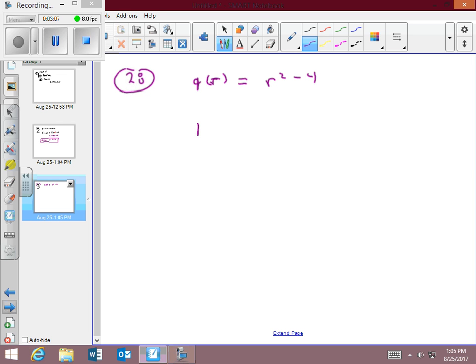So they want to know q of 4. So wherever the r appears, you square it and you put 4 in place of that. And 4 squared is 16 minus 4. So q of 4 equals 12.